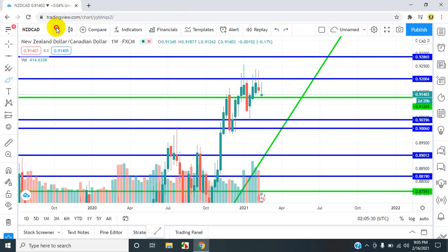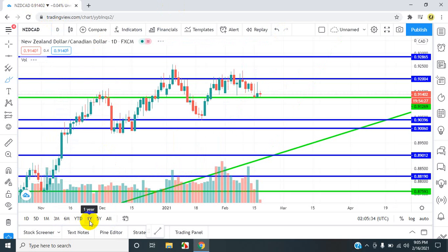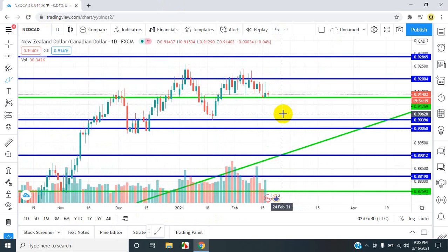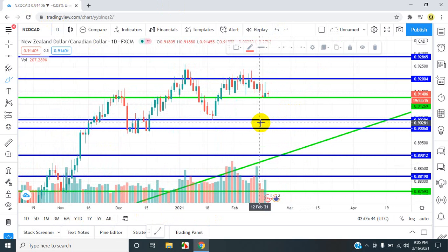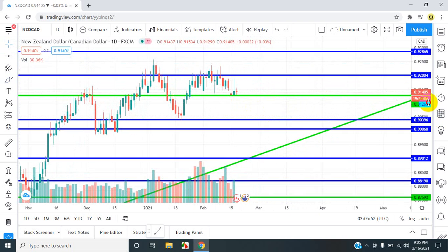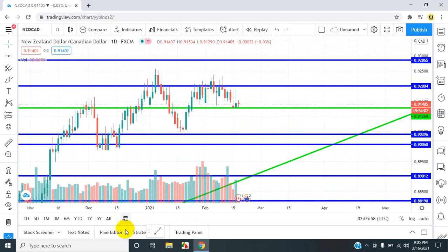If we come down to the daily time frame, we can take a closer look to see what's going on. Looking at CAD on the daily, if you wanted to take entry on the daily or the weekly, you can, and entry will consist of identifying that pattern for entry.